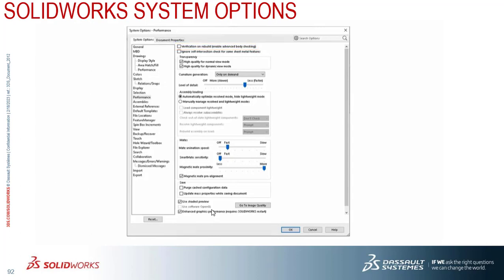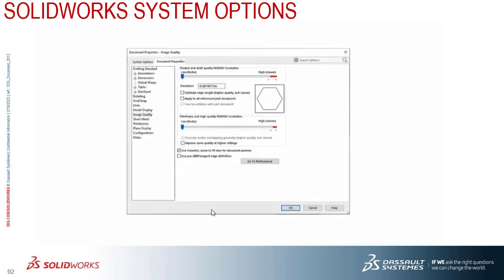You have to uncheck all these settings. Also, automatically optimize the resolve mode, so the software has algorithms that can optimize your loading capacity. Please use that. There is also one enhancement, enable graphics performance, which requires a SolidWorks restart.